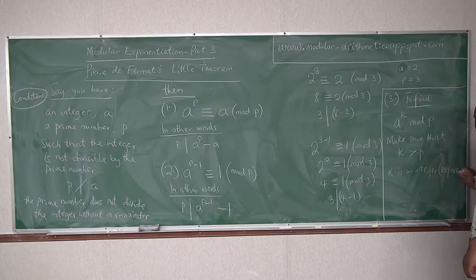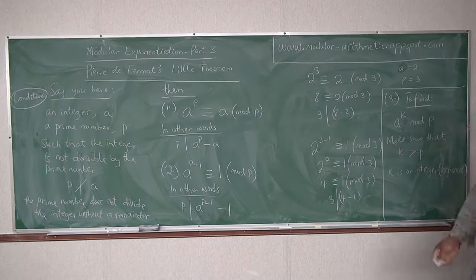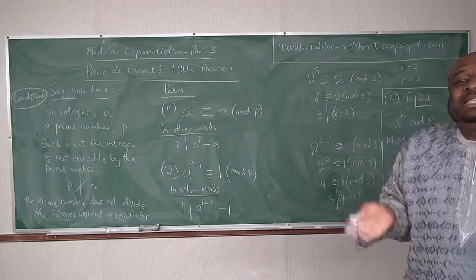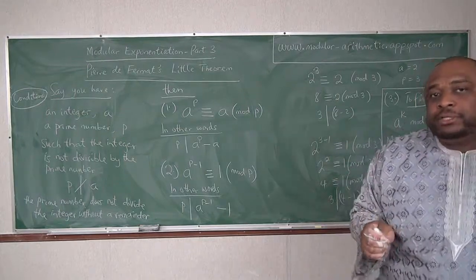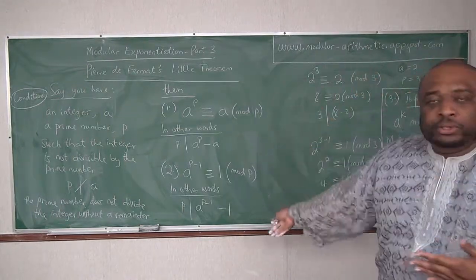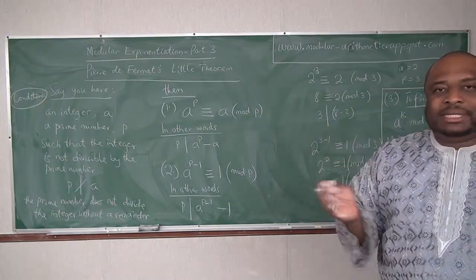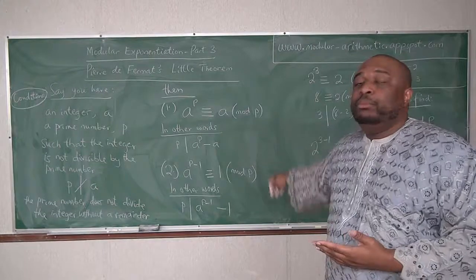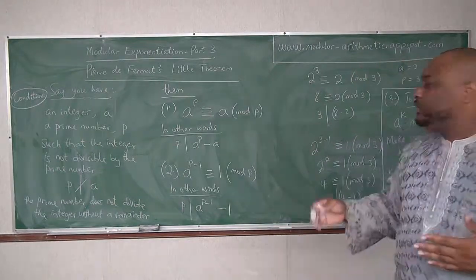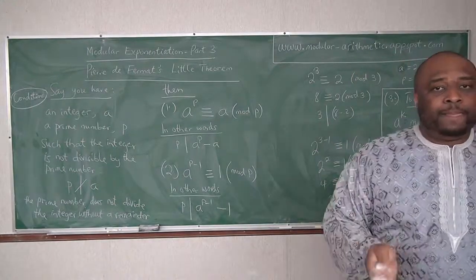Make sure that K is greater than P. So if you look at the examples we did in the previous two videos on modular exponentiation, the K was less than the modulo. Okay? Here K has to be greater than the modulo.